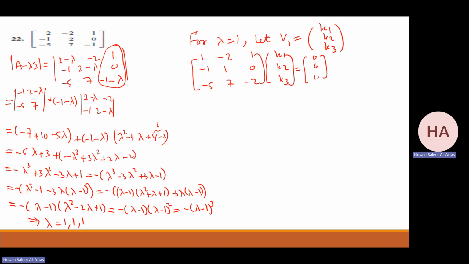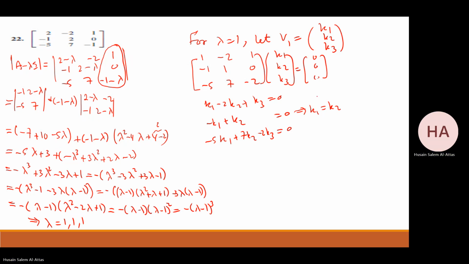I need to solve for the case. So I have what? K1 minus 2K2 plus K3 equals 0. I have minus K1 plus K2 equals 0. I have minus 5K1 plus 7K2 minus 2K3 equals 0. So from here, I have K1 equal K2.